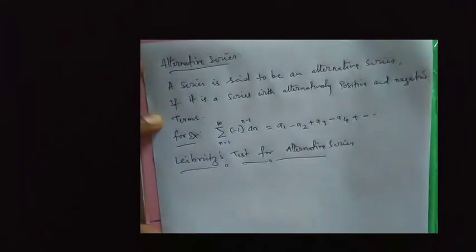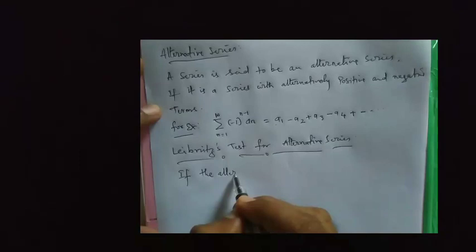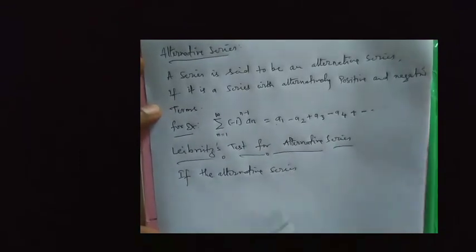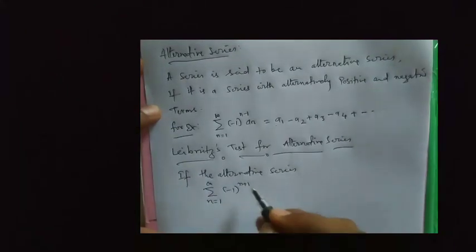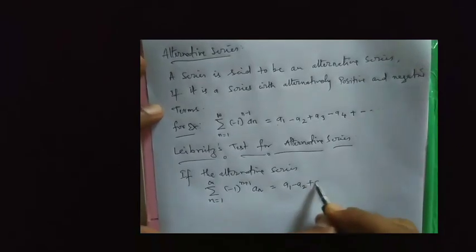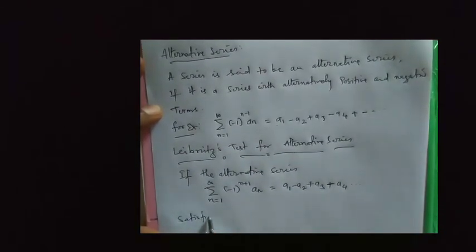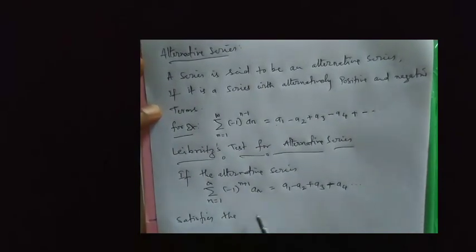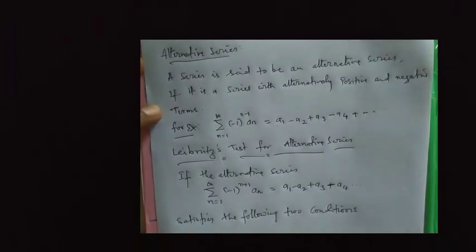This test is used to check the convergence, and the statement says that if the alternative series, say summation n from 1 to infinity of minus 1 power n plus 1 or minus 1 to the power of n minus 1 of an, is equal to a1 minus a2 plus a3 minus a4 and so on, satisfies the following two conditions, then this alternative series is convergent.